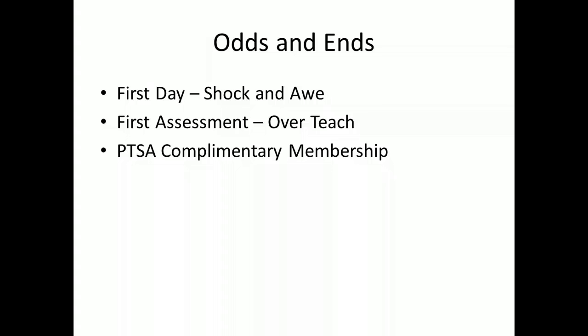Also this fall, we'll provide complimentary membership to people who fill out the membership form. It'll be a form in your mailbox at the beginning of the year. PTSA supports our school in a variety of ways, and we ask that you become a member, but again, it's only if you fill out the membership form. Also, our social dues are $20, and it goes to a variety of areas.